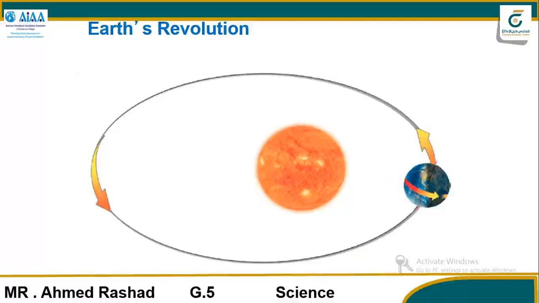Again, Earth revolution means the movement of Earth around the Sun in a specific oval orbit, and that takes 12 months for one revolution, and 1 year equals 364 and a half days for one revolution.